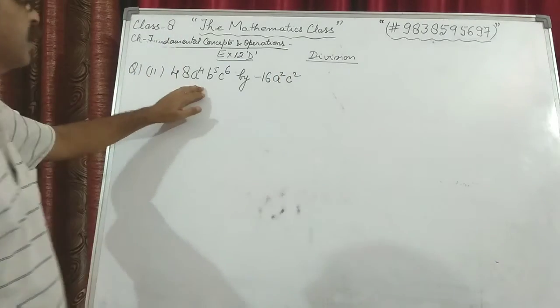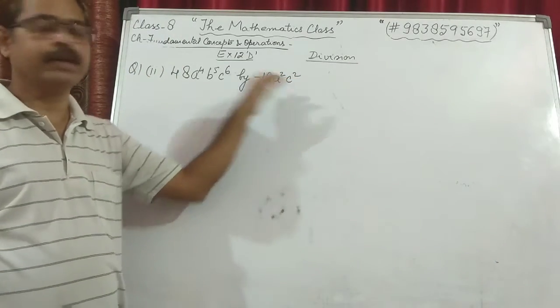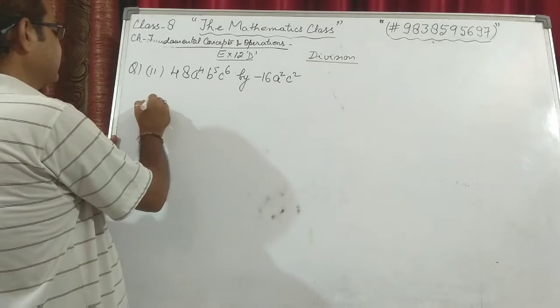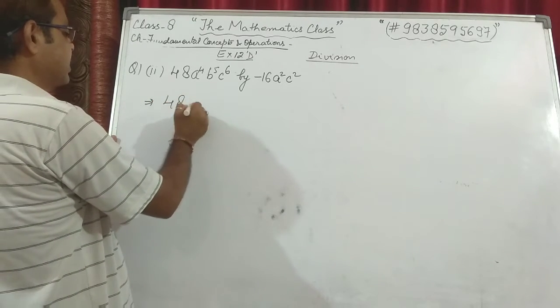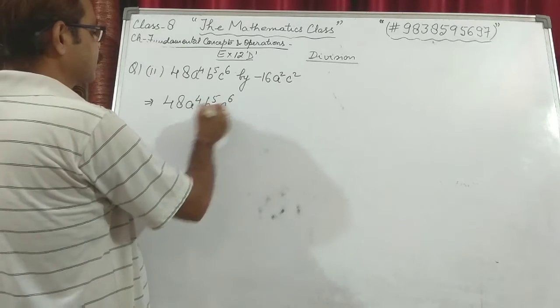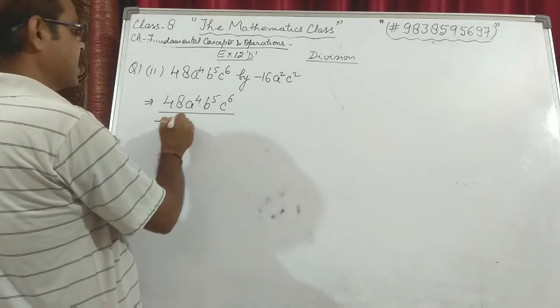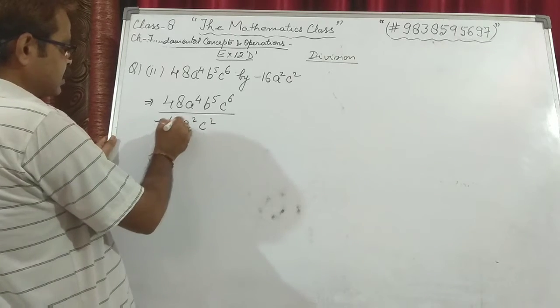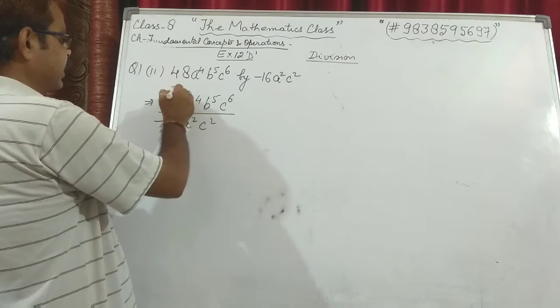Now this is a monomial as well as this is a monomial. When we divide, we simply write in the form of upon and we solve. So this can be written as 48 a to the power 4 b to the power 5 c to the power 6 upon minus 16 a square and c square. Now we know that 16 3s are 48.